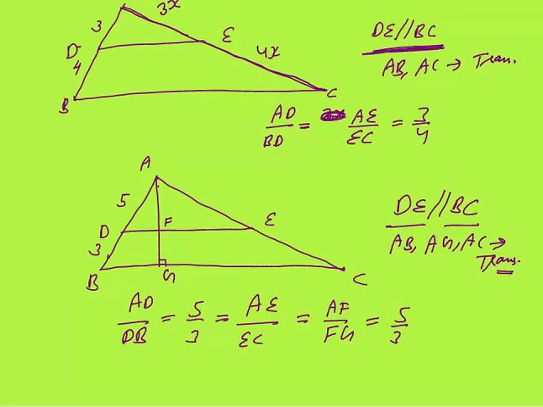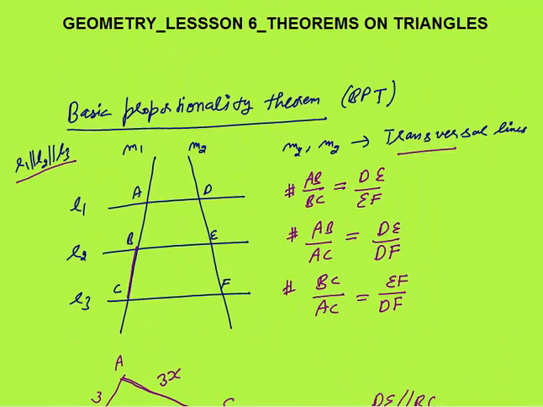So AF upon FG and AE upon EC will be the same ratio as AD upon DB, that is given to you. Whenever two or more lines are parallel and two or more transversal lines cut them, the corresponding parts are in the same ratio. That is the basics of the basic proportionality theorem.